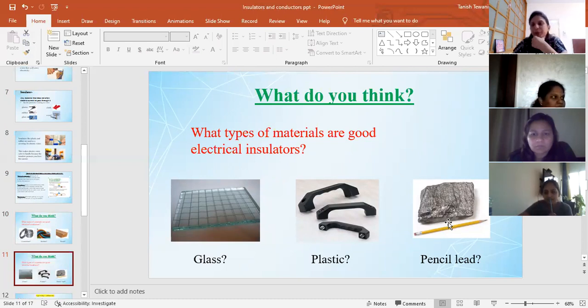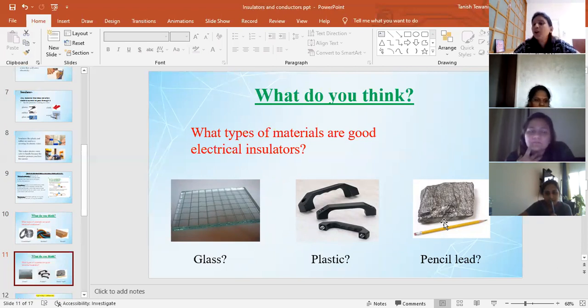Yes, very good, Aparna. Which metal? Do you know the name? Lead is made up of what? Who knows? Sabita ma'am, do you know? Yes, ma'am. It's called graphite. Yes, graphite.